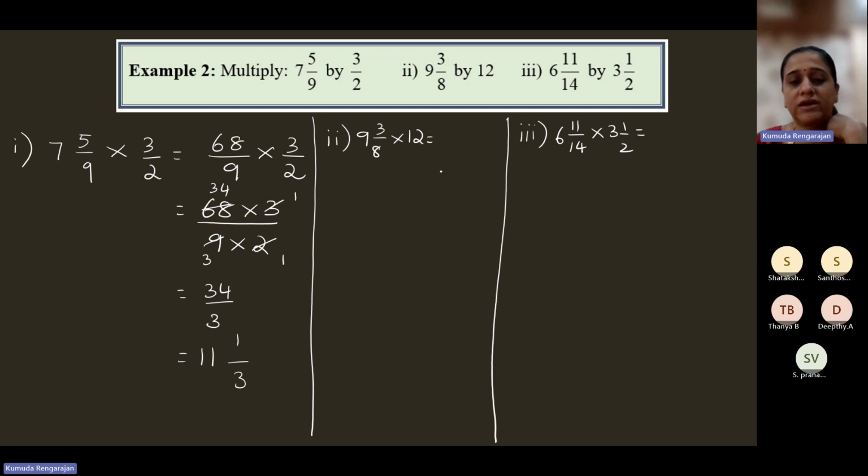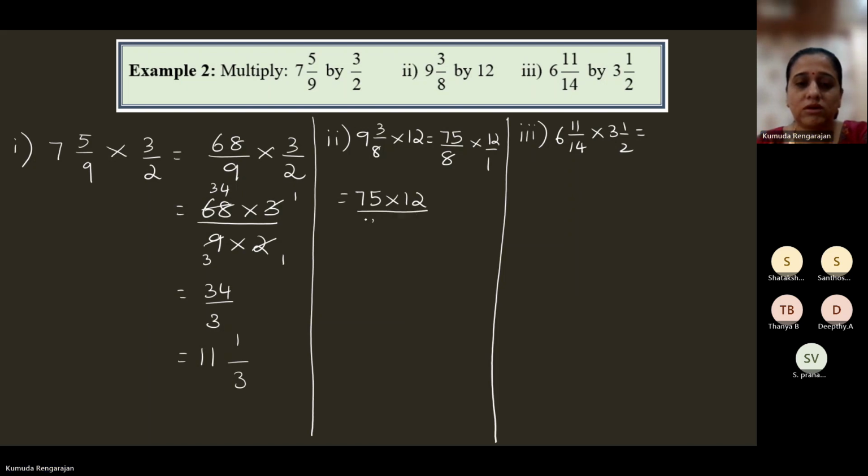What is 9 3 by 8 as an improper fraction? 75 by 8. Into 12 means 12 by 1. So next step, 75 into 12 divided by 8 into 1.